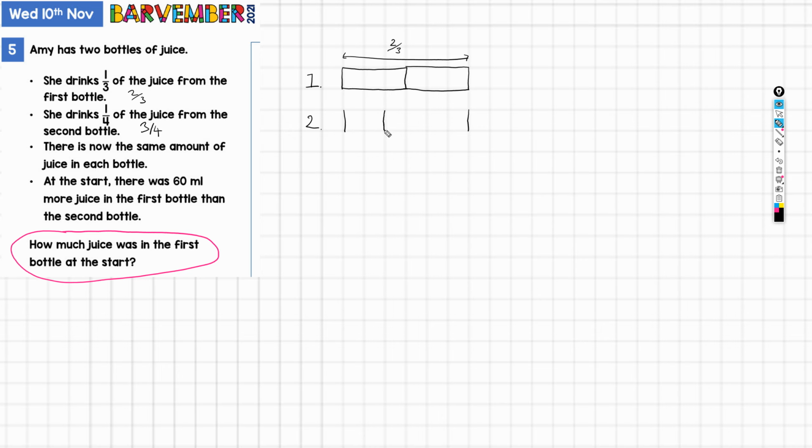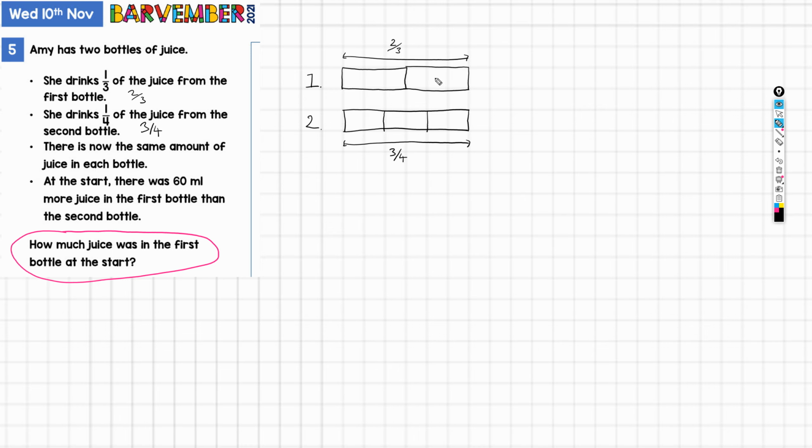We're going to have 1, 2, and 3. So there we have 3/4 being the same size as the 2/3 up there. See, even people with terrible handwriting can do bar modeling. Right, so that's the 3/4.